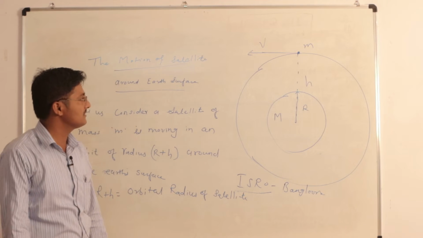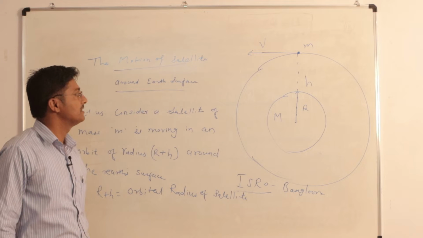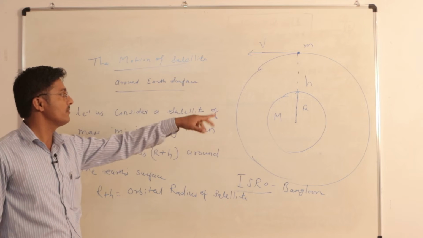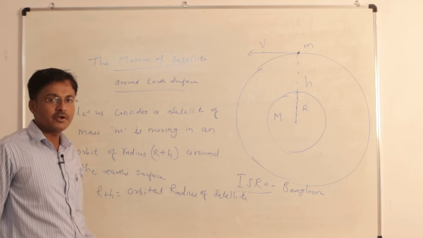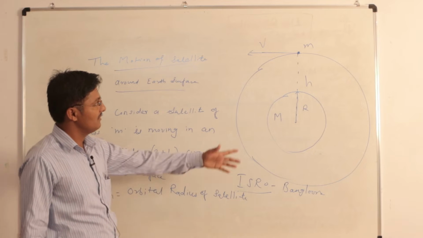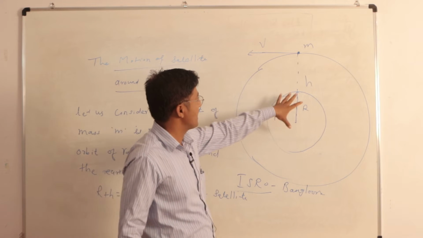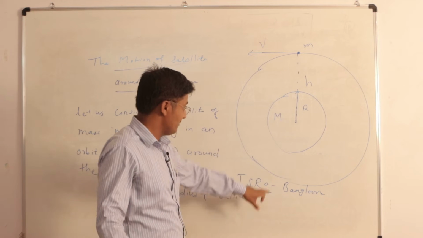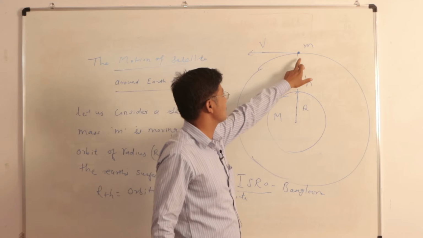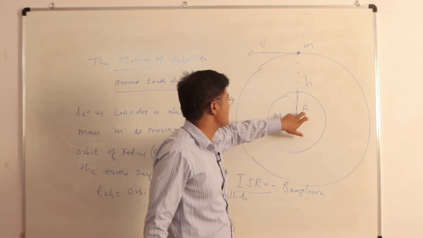Now a very basic concept comes to mind: if any body is revolving in a circular orbit, according to the law of gravitation there is a gravitational force acting between these two bodies, where capital M is the mass of earth, small m is the mass of satellite, and this distance is R plus h.